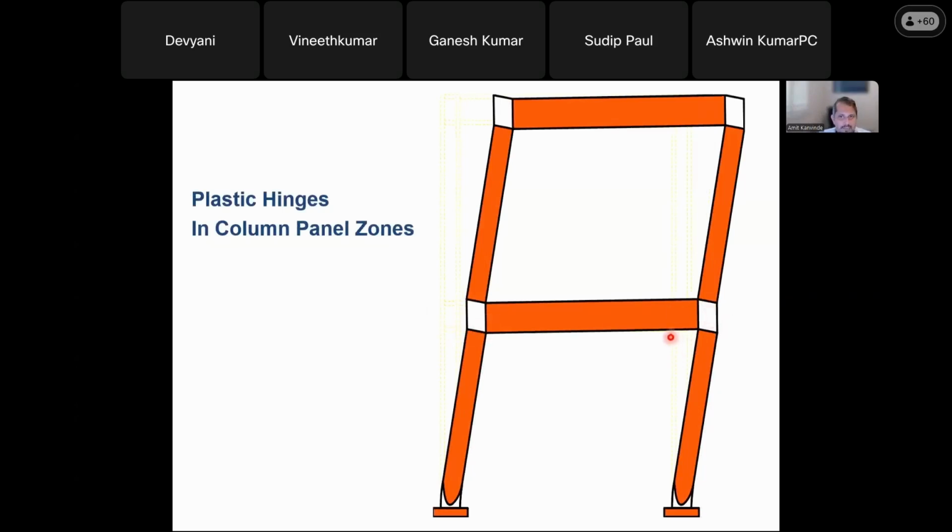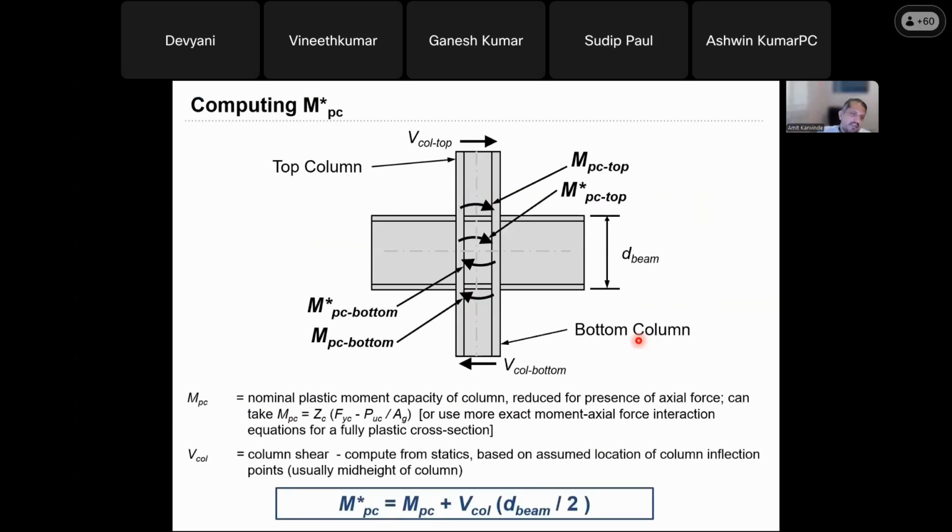Although you can allow a little bit of inelastic action in the panel zones. So to get this response, where you have yielding up the height of the structure, we actually do the strong column weak girder check, which I'm guessing you're familiar with too. Again, to make a long story short, there's a whole set of considerations which make sure that we force the hinges in the beams.